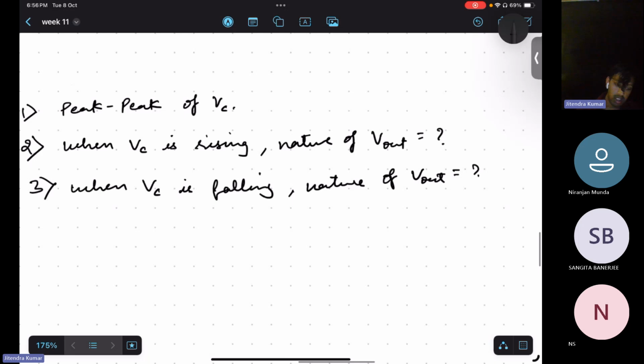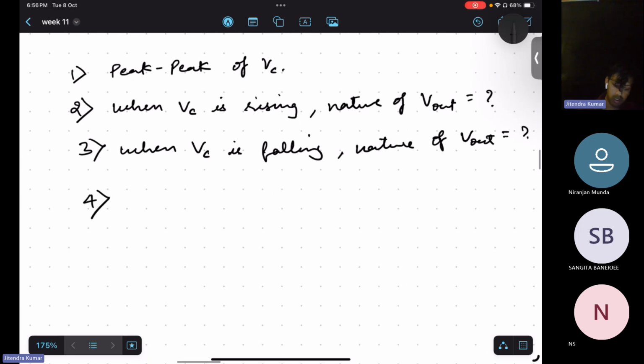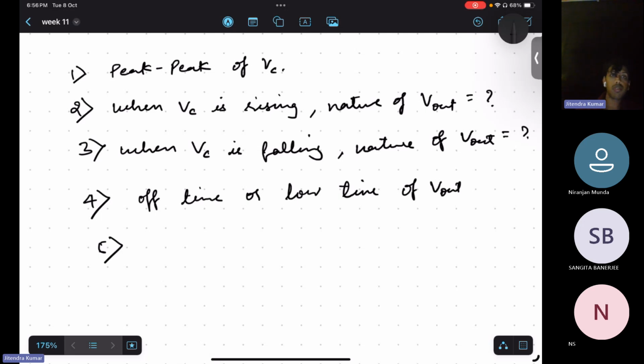Now the off time or low time. So what is off time? That also we will see. Off time or low time of V out. Last one is the on time or high time of V out.